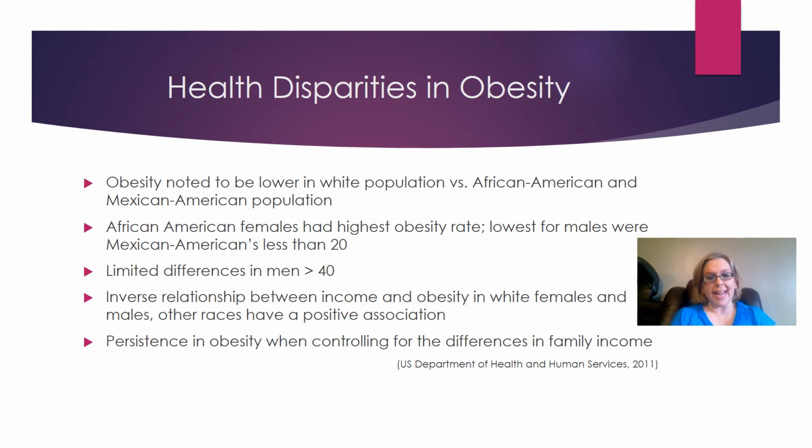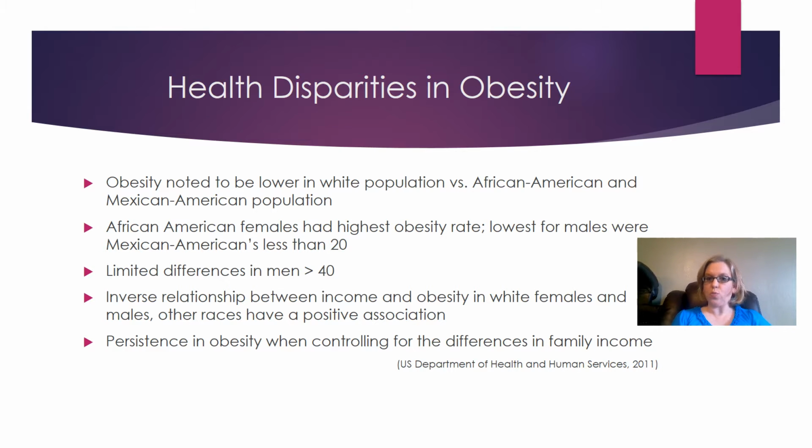Health disparities and obesity. Obesity is noted to be lowest in the white population versus the African American and Mexican American population. The highest level of obesity is noted to be in the African American females, whereas the lowest level of obesity is noted to be in Mexican American males who are less than 20 years of age.